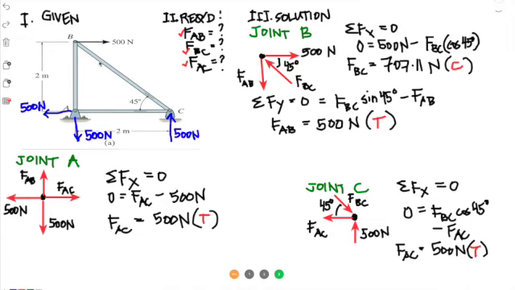But what if your truss is a complicated one? Let's say you have like 10 or 20 members, and you will need to go joint by joint. So there's another method called method of sections, and we will be discussing that on the next lesson. For now, let's have some more examples of how to do your method of joints.